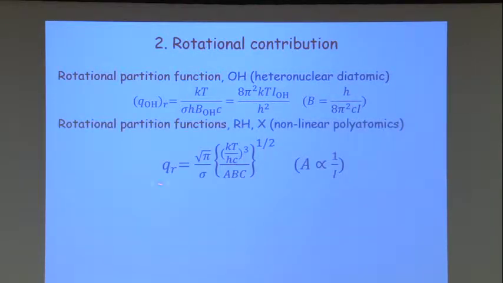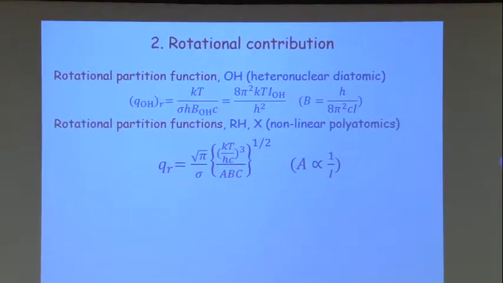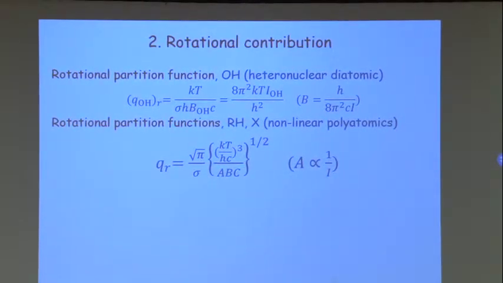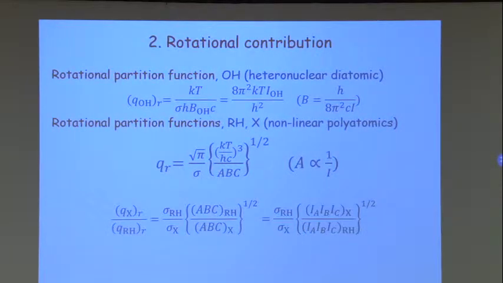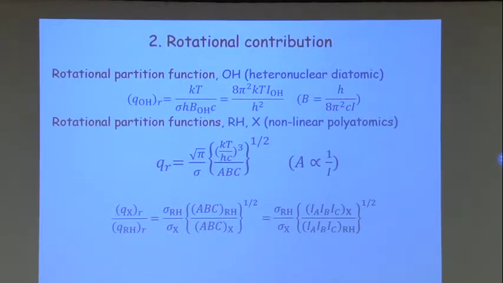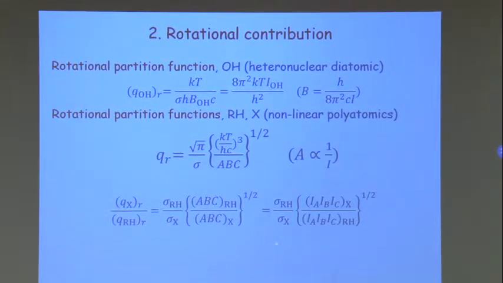If we go to RH and X, these are nonlinear polyatomics. And there's the expression for their partition functions, where these are the rotational constants which are proportional to the appropriate moments of inertia, the x, y, and z moments of inertia. And so if we take the ratio of those, q_X over q_RH, we're going to finish up with the ratio of the symmetry numbers.